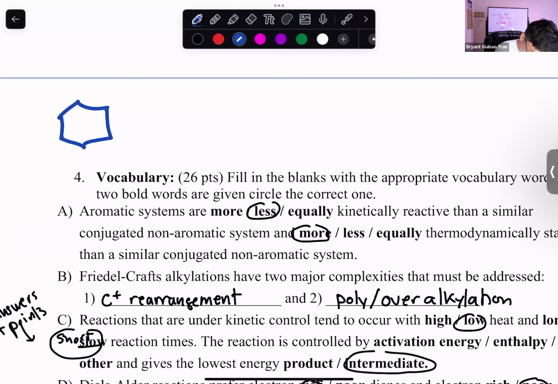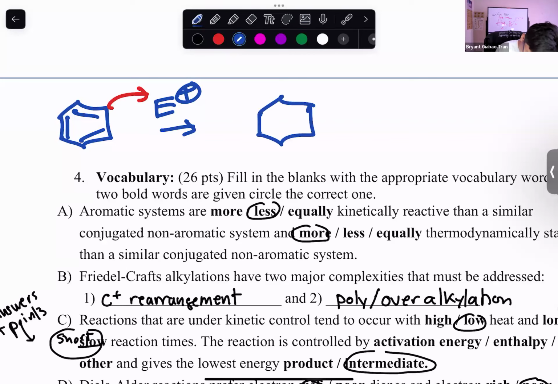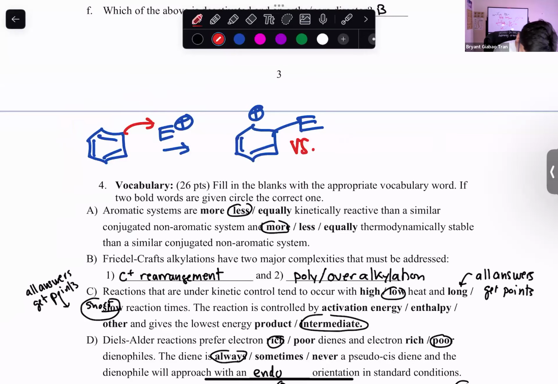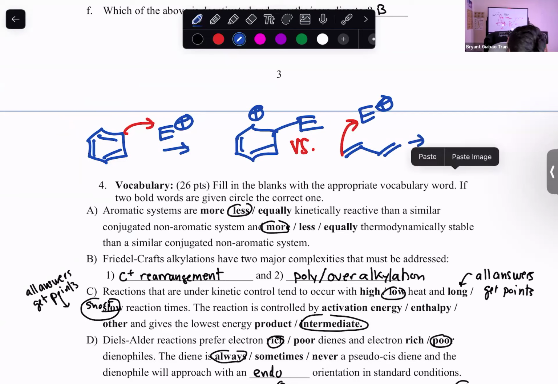If I have a benzene ring here that's aromatic, and then I react it with some kind of electrophile to get this intermediate here, where we broke the aromaticity, versus this conjugated non-aromatic system, like let's say this conjugated diene reacting with some kind of electrophile to form this intermediate.